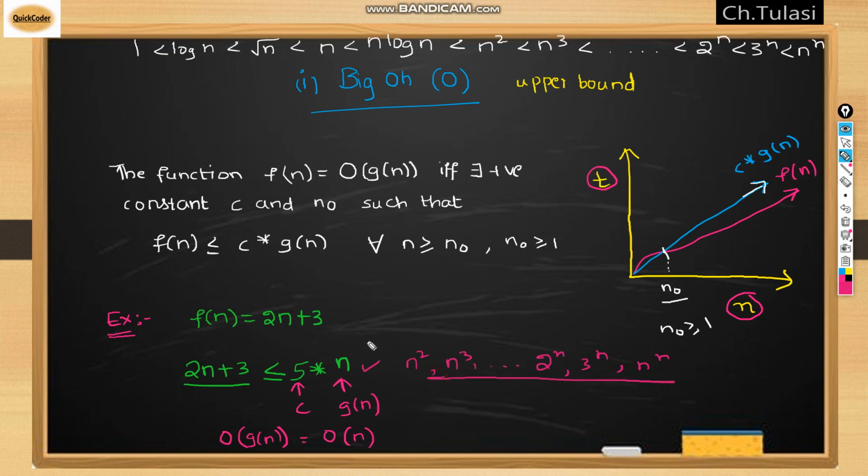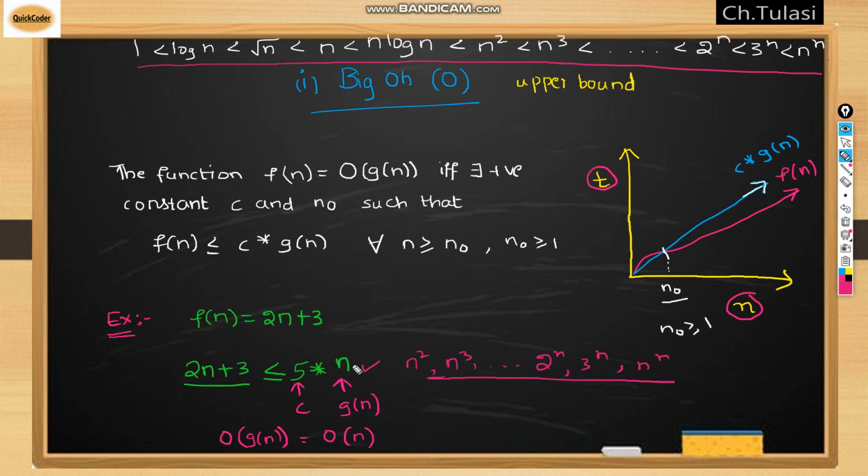So our algorithm's time complexity ranges from 1 up to n power n, where n is the input size. It will not cross this, and it may be multiples of these, like root n into log n or n into log n. It is only in this range.